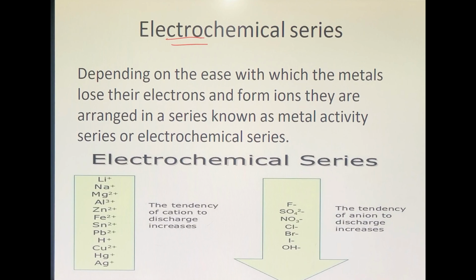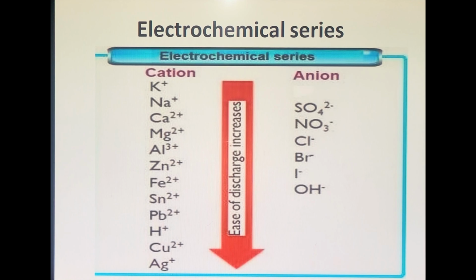So when we study the electrochemical series, we have an electrochemical series for cations and an electrochemical series of anions. Now always remember, when we come to the electrochemical series, please remember the sentence that I am telling you.